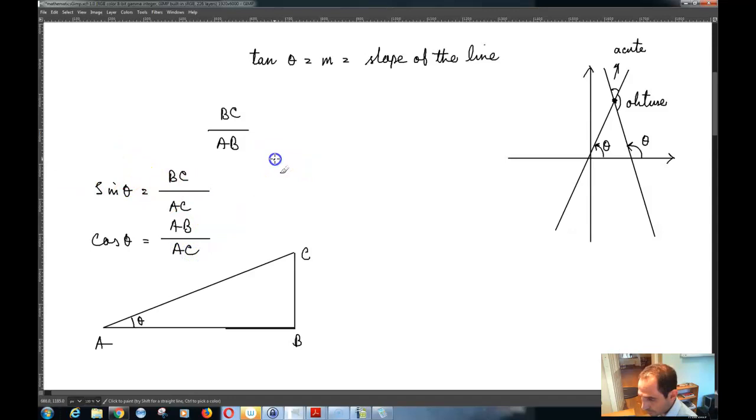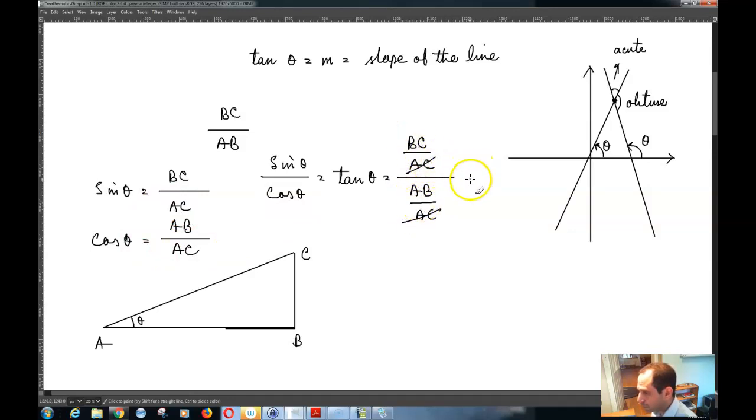Now, if I write sine of theta and divide it by cos of theta, this ratio is called tan of theta in mathematics. It's going to be equal to BC by AC over AB by AC, and then you can simplify this and you will get BC to AB, which is what we got over here.